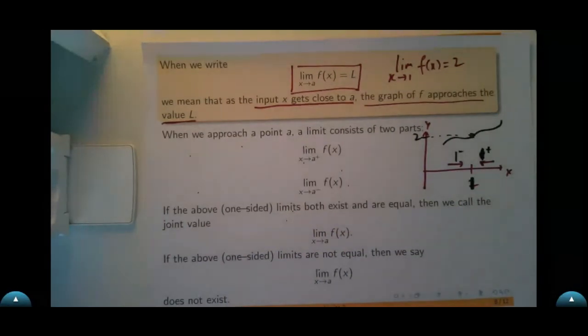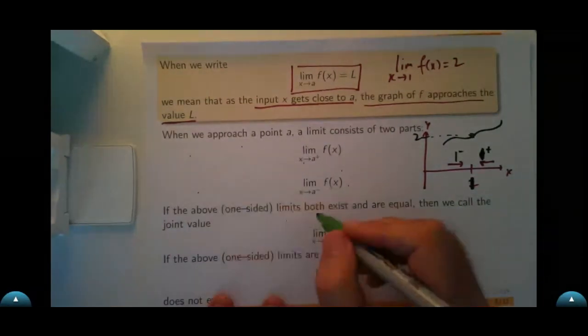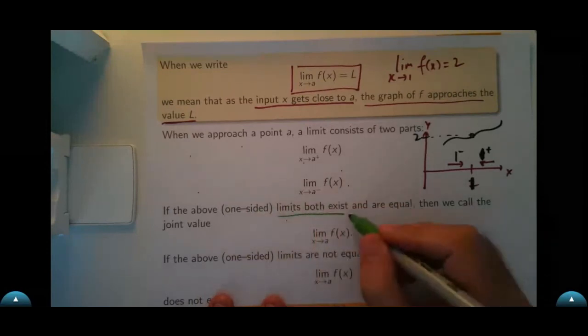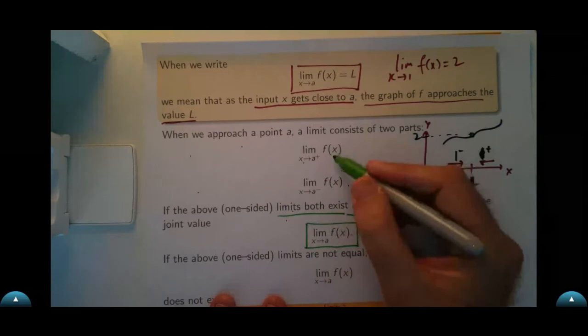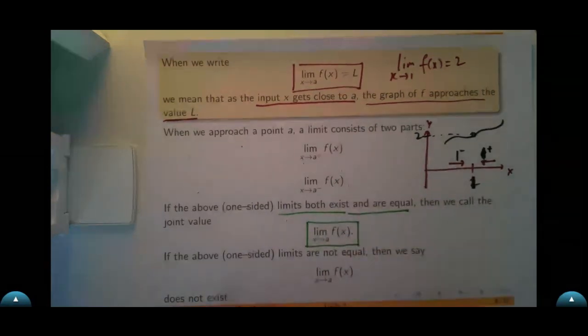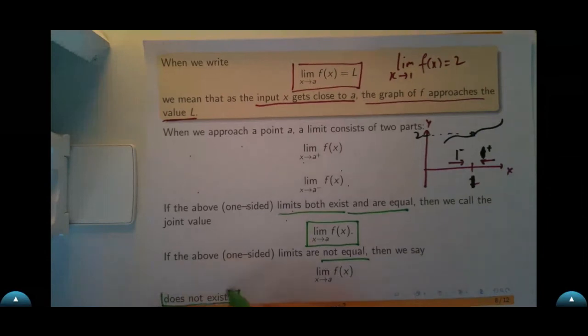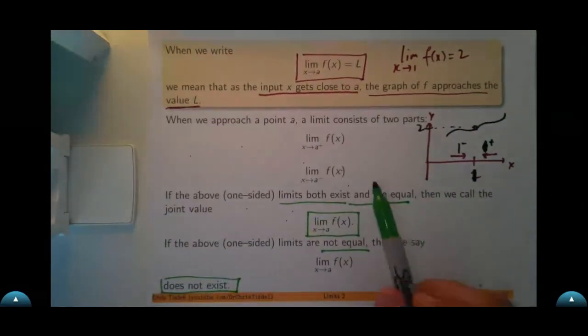Now, an important idea. If both limits exist and are equal, then their joint value is denoted by this. If they're not equal, then the limit doesn't exist. That's a really important idea.